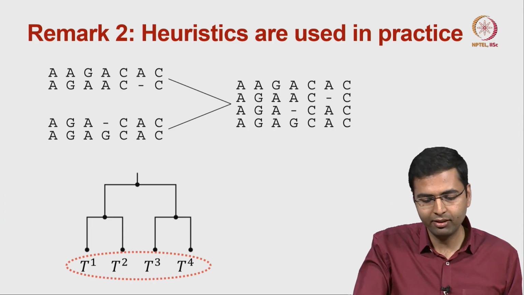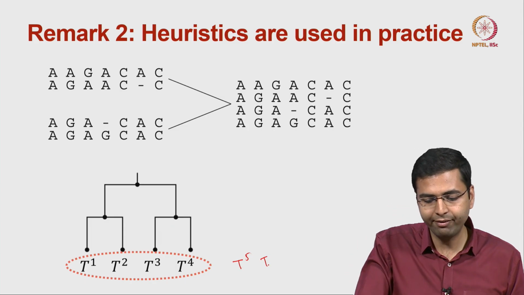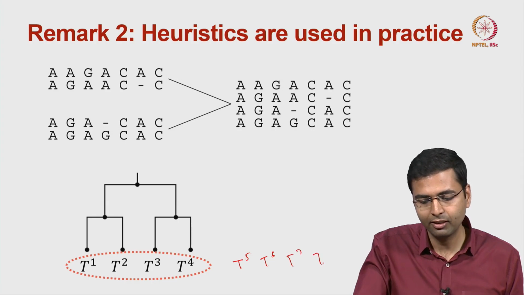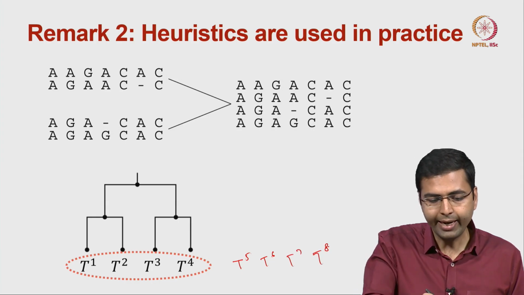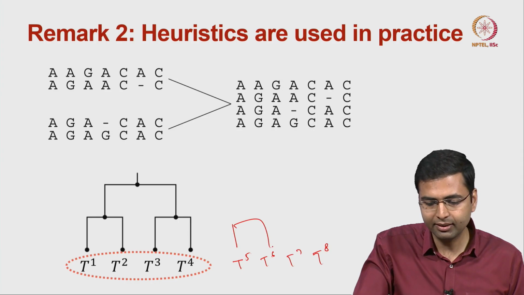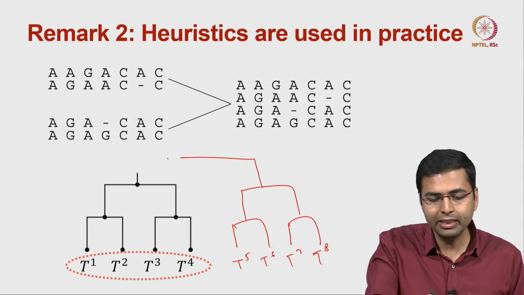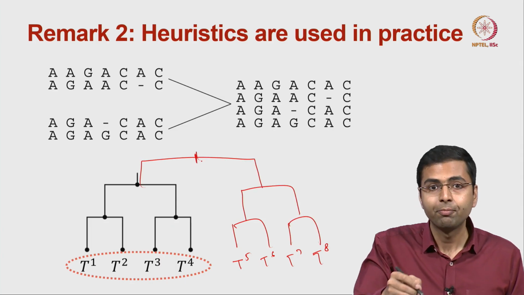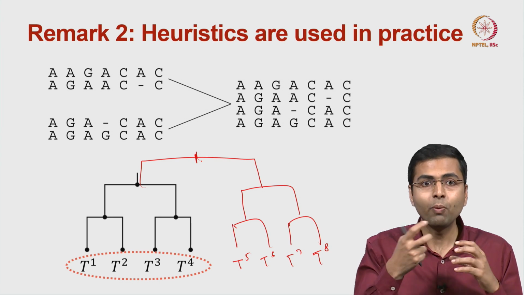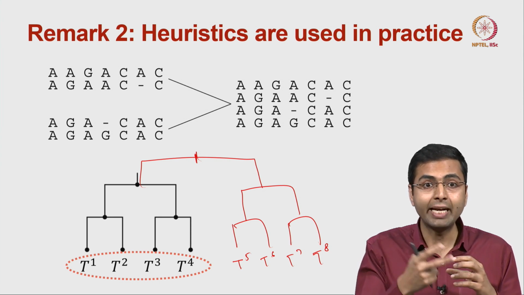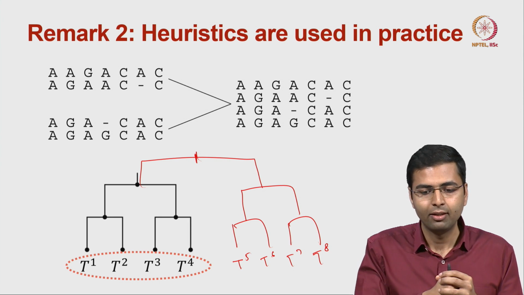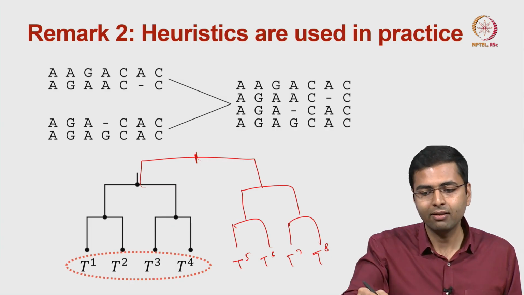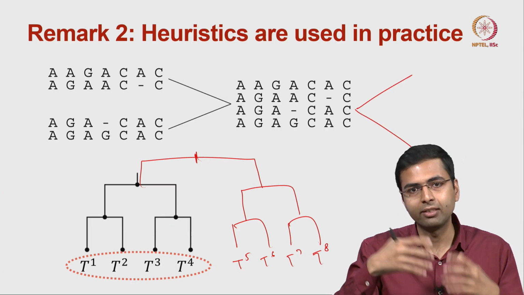For example, if there were 5 more sequences T5, T6, T7, T8, then I can repeat this process on this part as well, and now I will have to combine two multiple sequence alignments of size 4 each. So again I will repeat this idea, and subsequently I will combine this further.